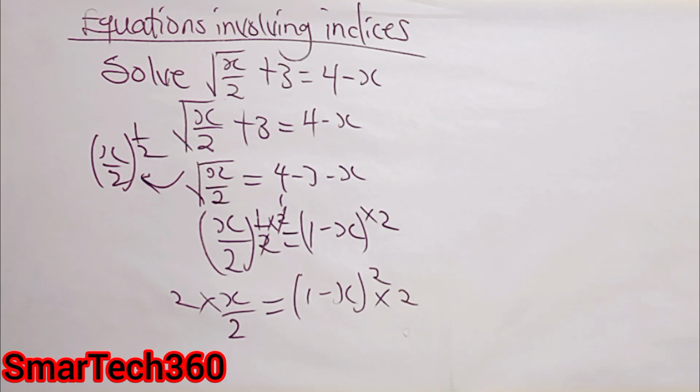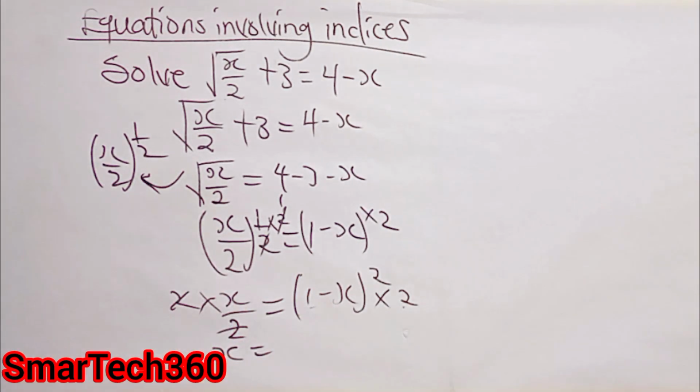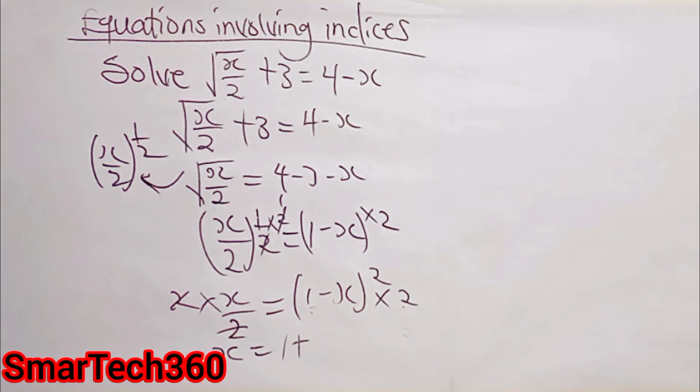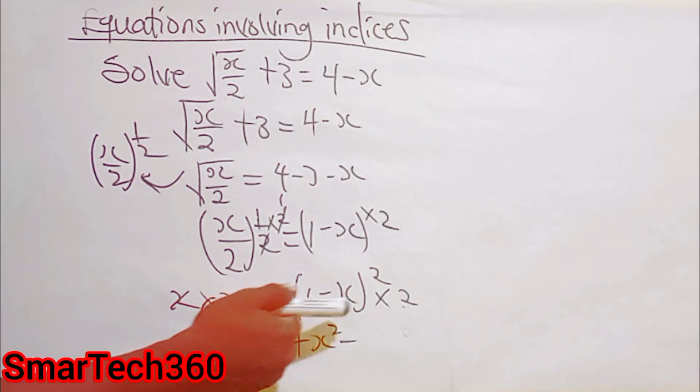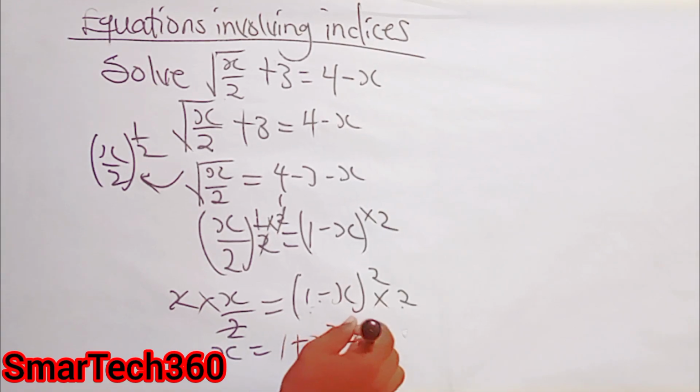Alright, so from here, this 2 will cancel the 2 here, giving us x equal to, then this 2 will multiply that. But before we do the multiplication, let's expand this bracket. 1 squared gives us 1, then plus x squared gives us x squared. Then this minus, we bring the minus sign. Next we have to multiply this by that. 1 times x gives us x, then multiplied by 2, we get 2x.